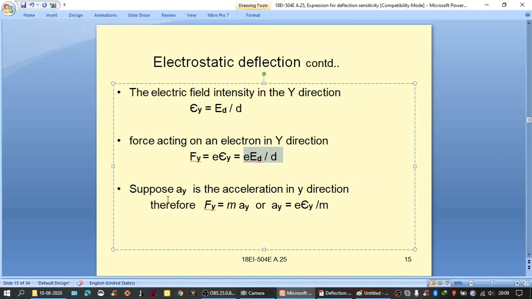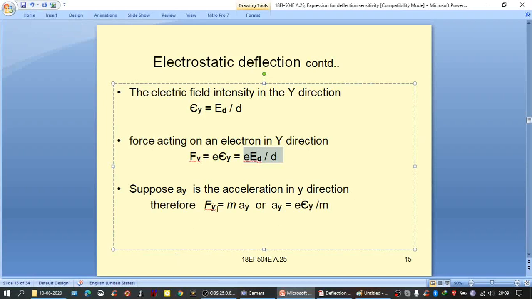Now suppose if Ay is the acceleration in y direction, then we know that force is equal to mass into acceleration.